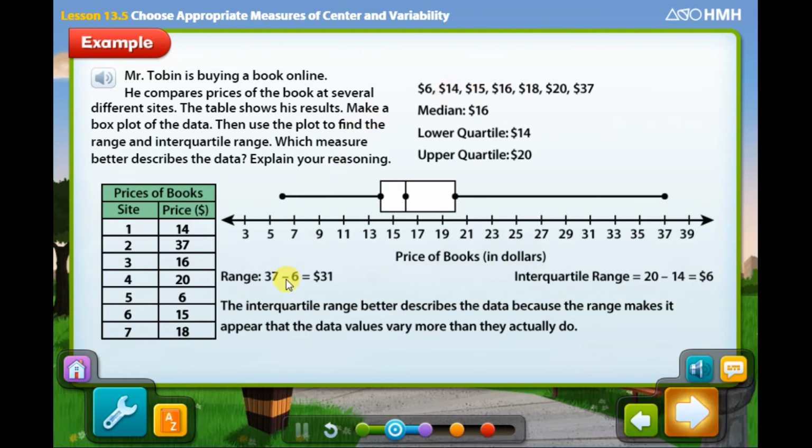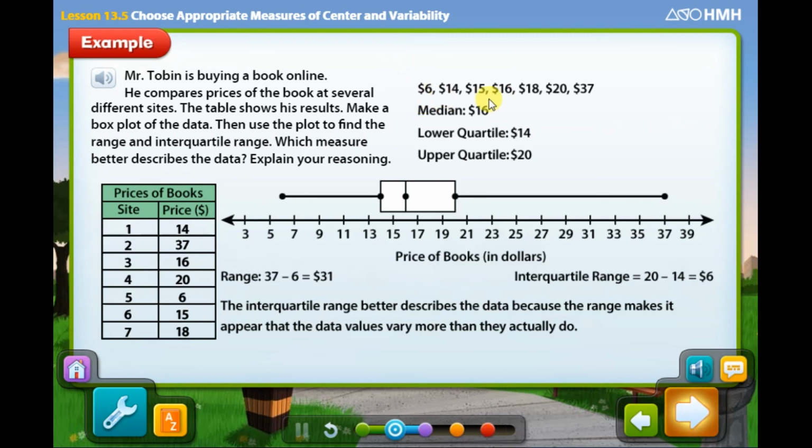20 and 14 are the numbers in the middle of the data. However, 37 and 6 are just on the edges of the data. They are so far from 20 and also so far from 14. But 15 is near 14, 16 near 14, 18 near 20. So 20 and 14 describe the data better than 37 and 6.